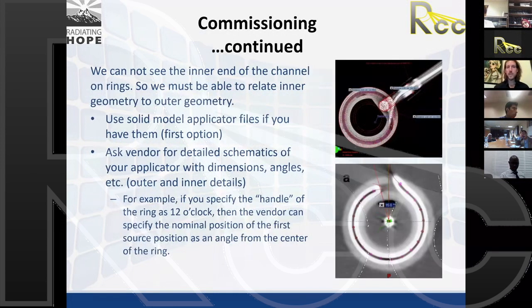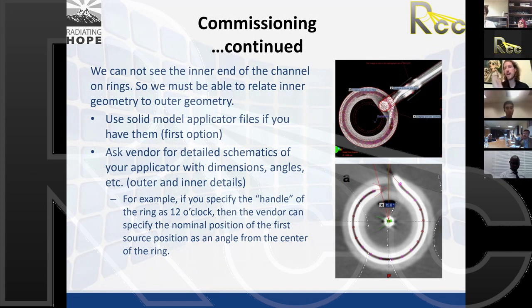Okay, so in a lot of rings, you can't see the end of the ring. Some you can, some you can't. But let's assume in this example that you cannot see the end of the ring, or whatever the case is. You can use solid model applicator files, if you have them, to allow you to reconstruct the inner geometry relative to the outer geometry.